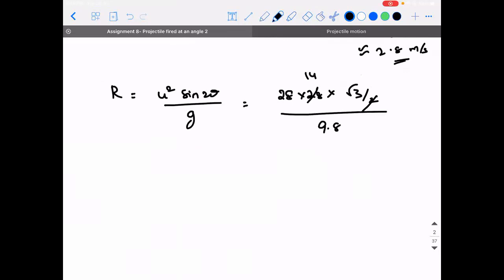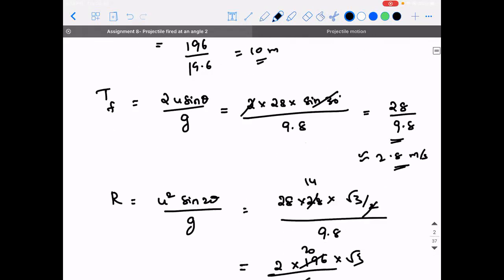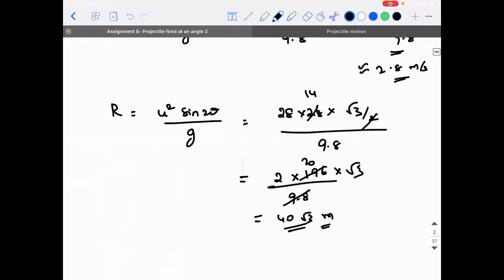So you can write 2 into 196 divided by 9.8 into root 3. This will go 20 times. So 40 root 3 meters is the answer. Root 3 is 1.7. You can solve it by substituting that value.